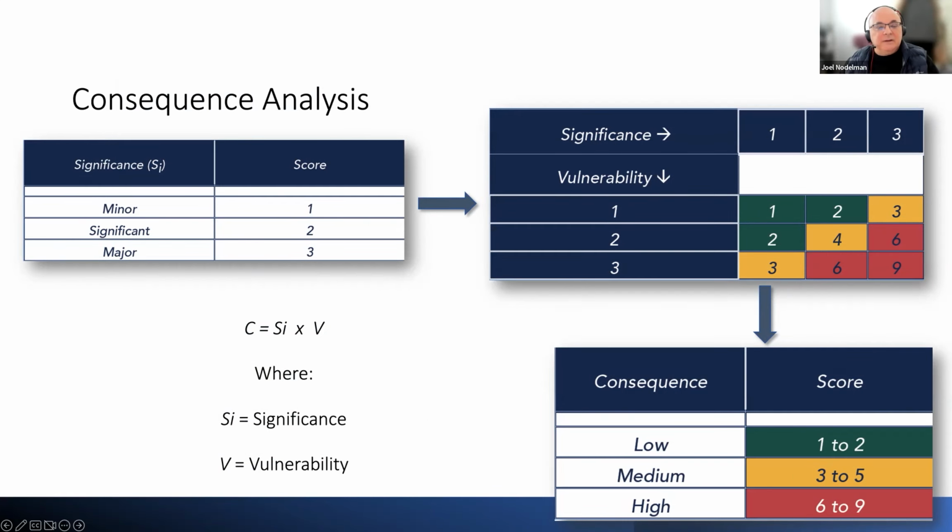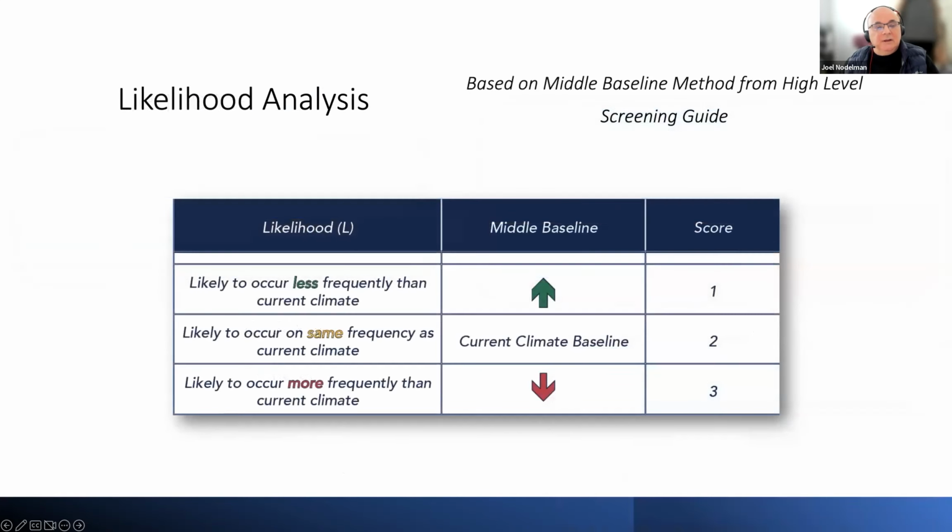And then the rest of this just follows the same pattern that we've always used in our risk assessment work. The manual cites the middle baseline methodology from the high-level screening guides. That's the approach that we are recommending there. But once again, if you want to use a more detailed analysis, it allows for that.